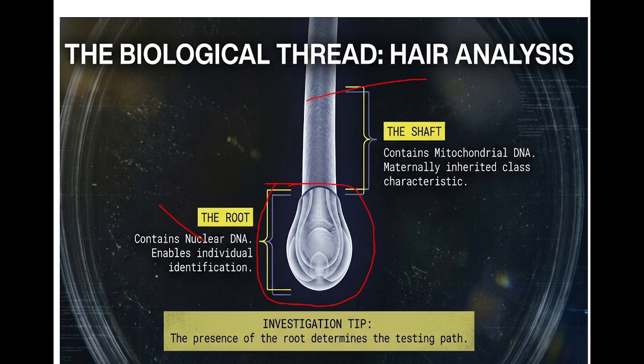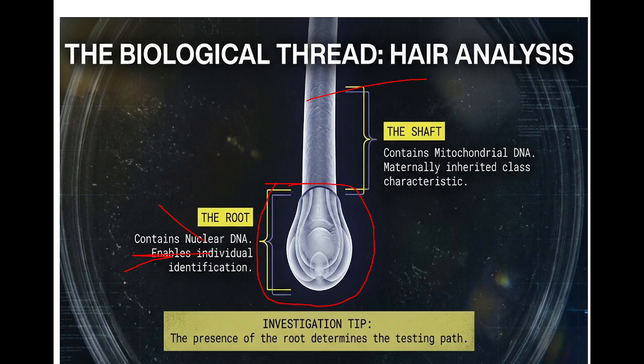You know you have nuclear DNA and mitochondrial DNA. If you're lucky to get hair with the root, you'll be able to do nuclear DNA analysis, which gives us the power to identify the individual directly.